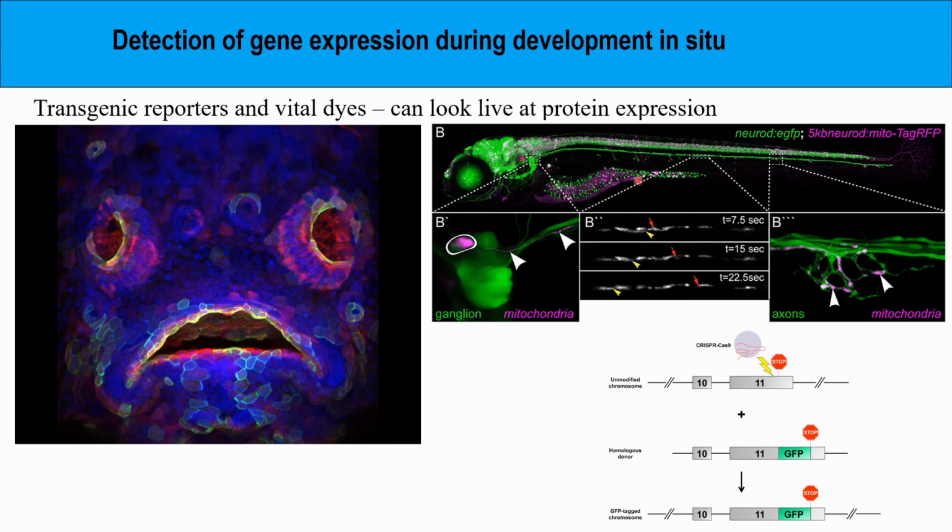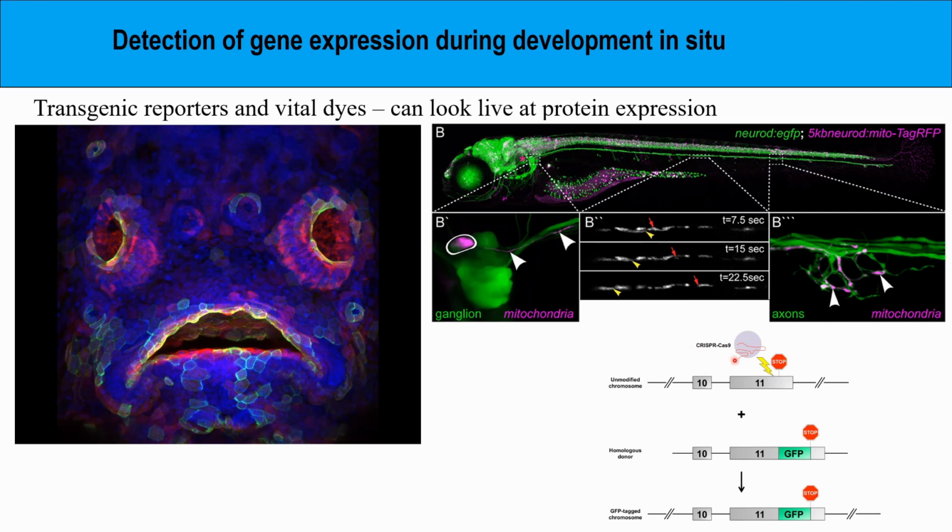This is another example here. Here they're tagging the mitochondria with RFP. They look a bit purple here. And then neuro-D, a gene expressed in neurons, tagged with enhanced GFP, a fluorescent probe or reporter.